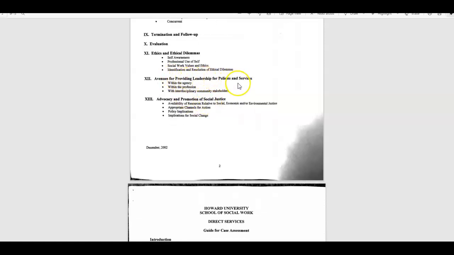Avenues for providing leadership for policies and services. You may find out in your gathering of information that there were some gaps in services, whether related to the services themselves or the policies that govern the services or how services are delivered.